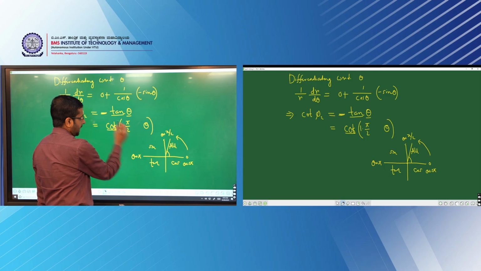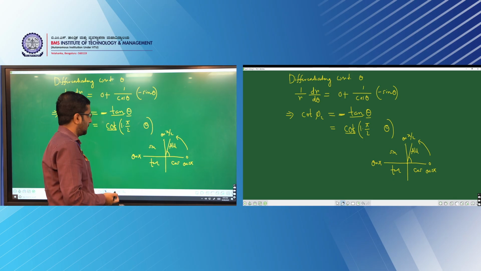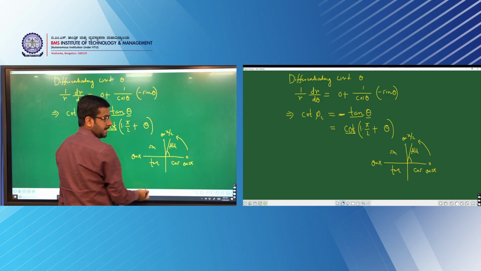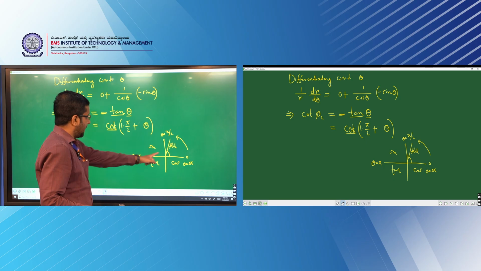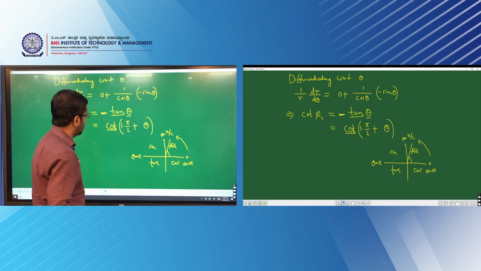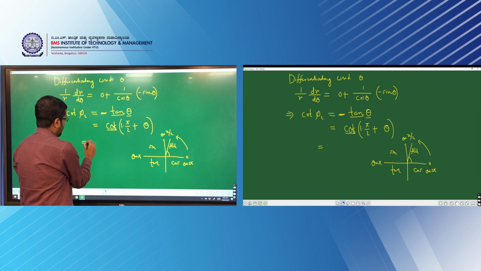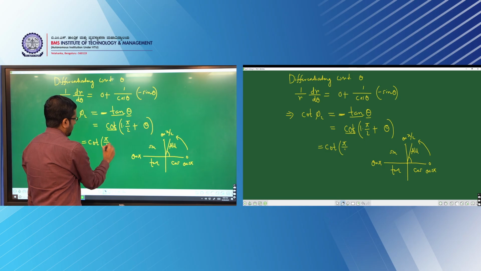If I bring the angle in the first quadrant, tan will become positive. So, in which quadrant do we have to make it? Pi by 2 plus theta. If I do pi by 2 plus theta, the angle will come somewhere in the second quadrant. If the angle comes in the second quadrant, tan will be negative here. So, I will get cot of pi by 2 plus theta.